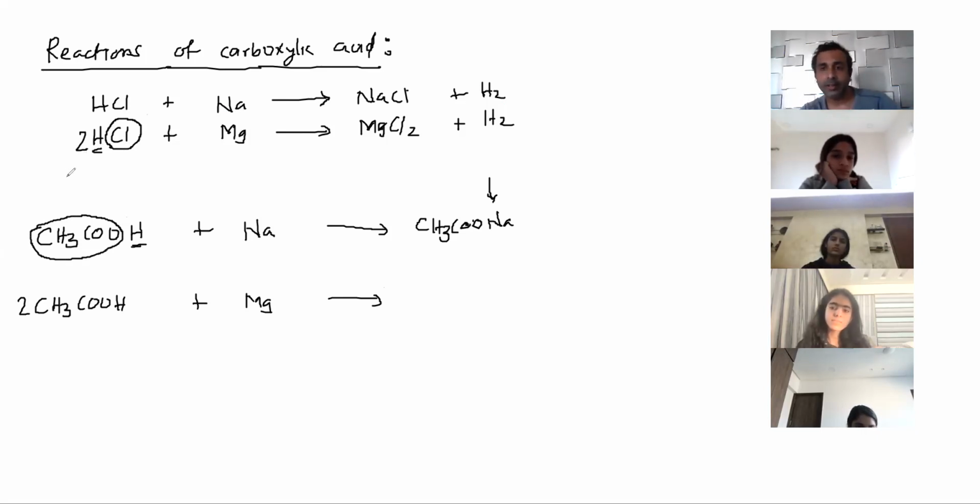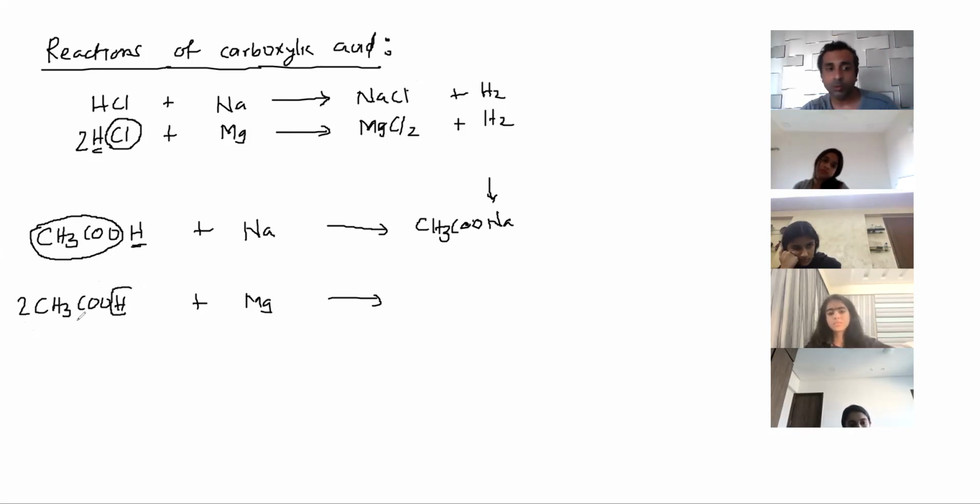So in a carboxylic acid, except for that H in the functional group, the rest of the molecule becomes the anion. Like here, sodium is the cation, chloride is the anion. Chloride comes from the HCl when you leave the H. Same thing here, CH3COOH plus Mg. Here also the 2 H are going to be displaced, so magnesium will be bonding with 2 of these.